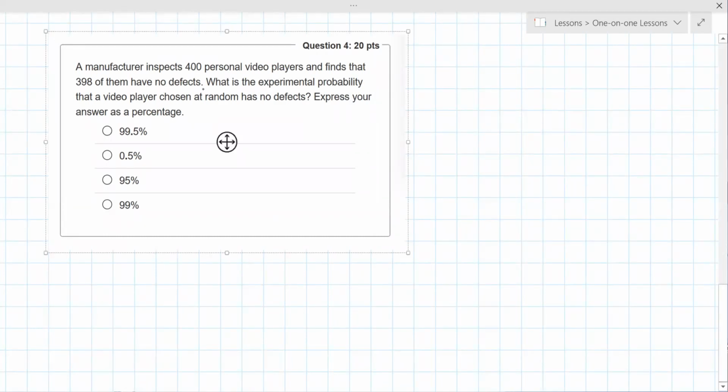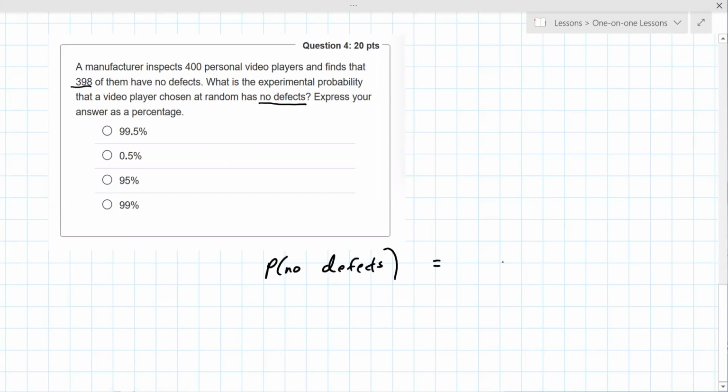What is the experimental probability that a video player chosen at random has no defects? So out of the 400, how many have no defects? 398. And how many do you have total? 400. Great. So if you were to put that in your calculator, you would get that value there.